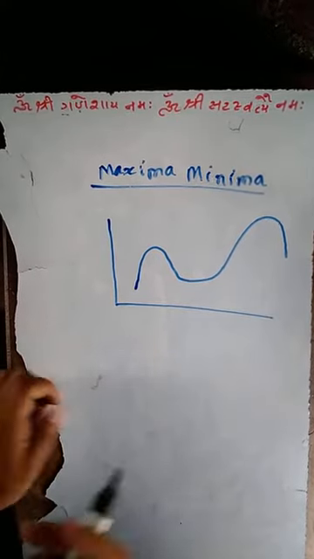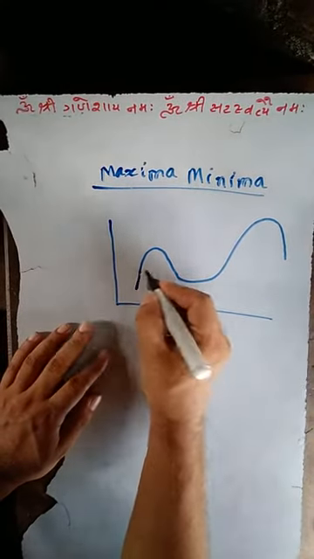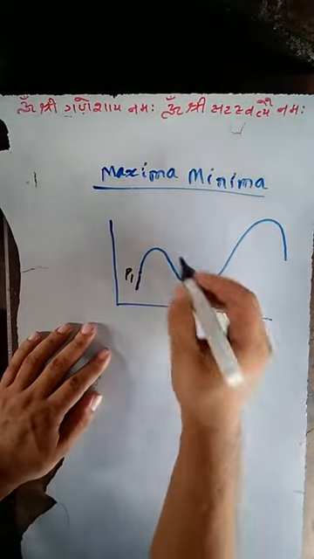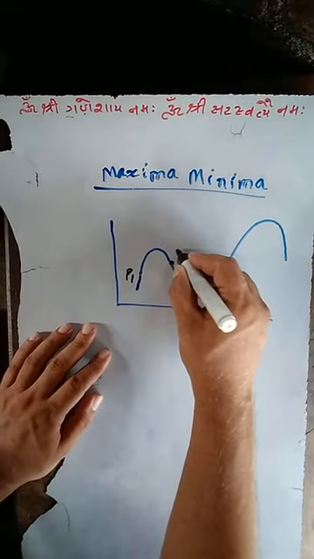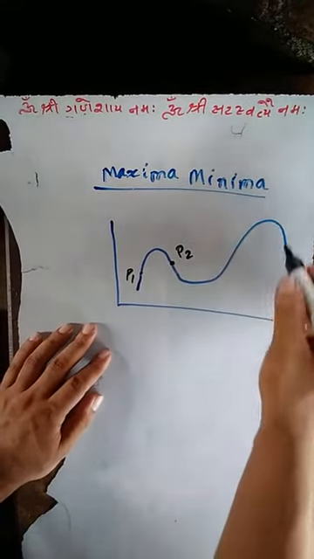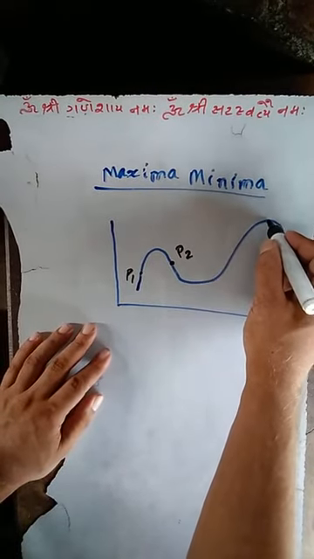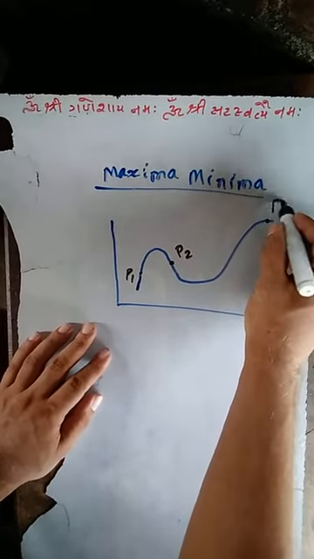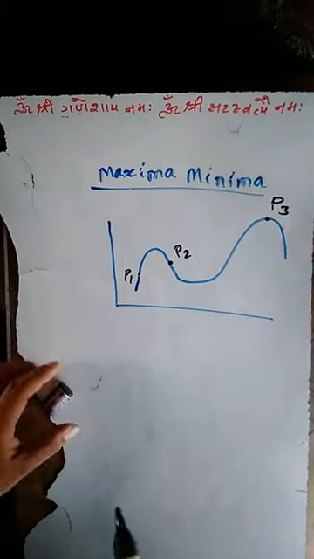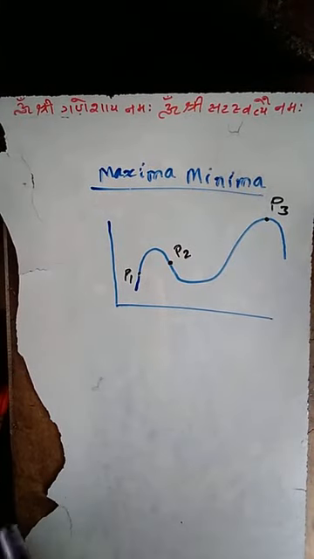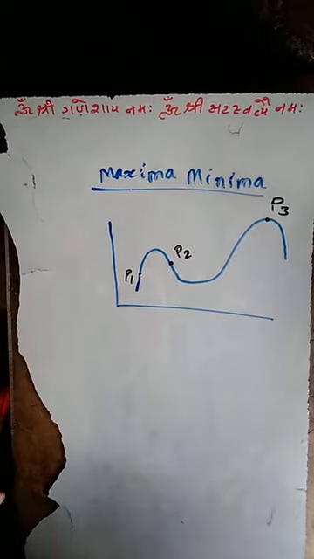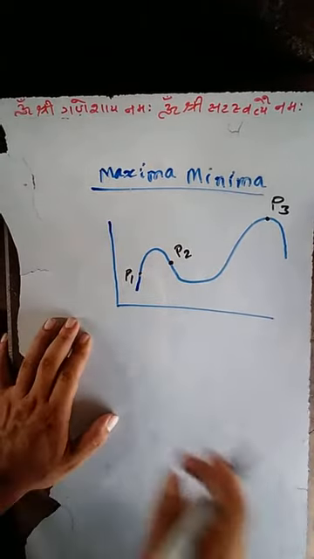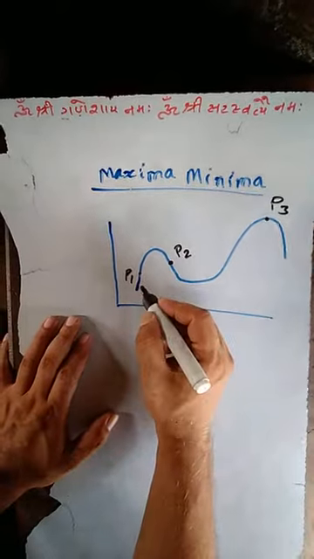Again we take this as point P1, this as point P2, and this as point P3. What is the value of dy by dx at point P1? For that we will draw the tangent.